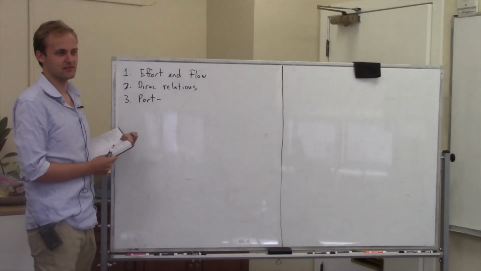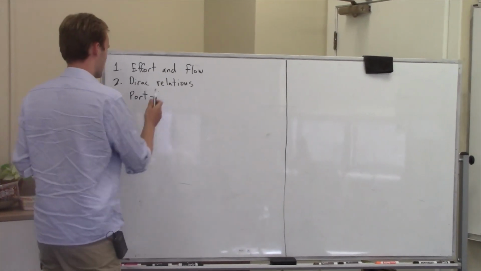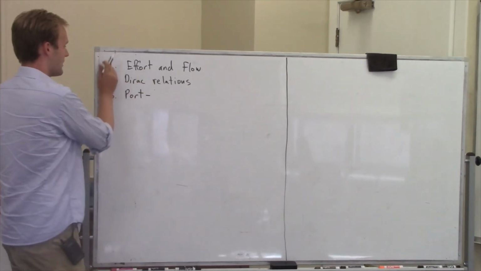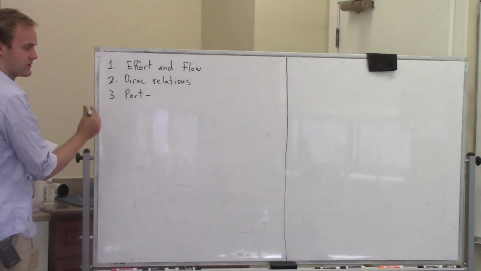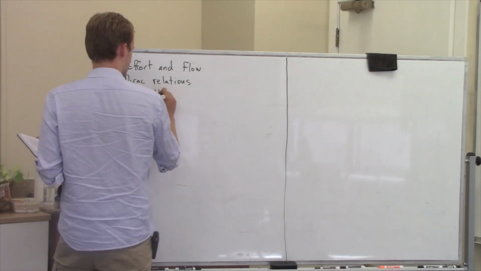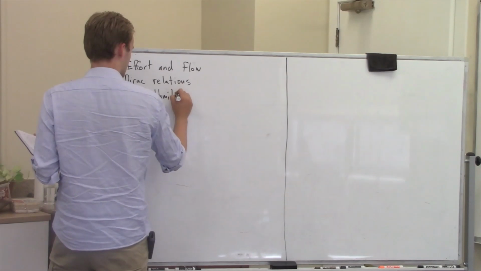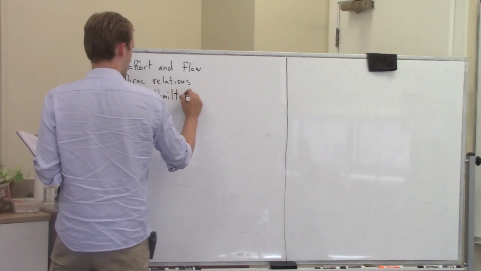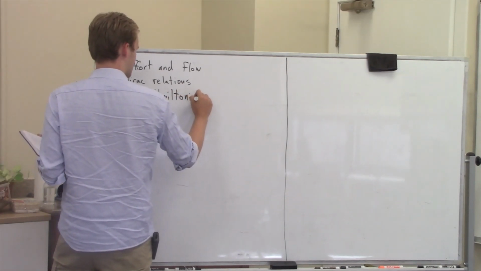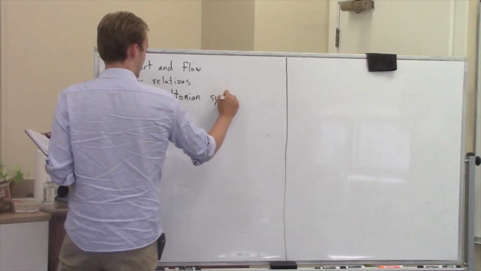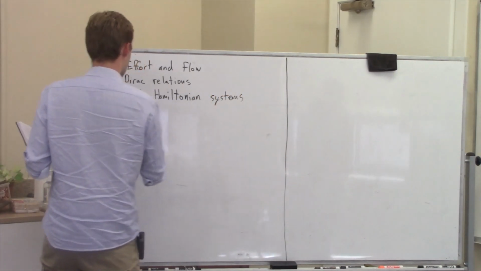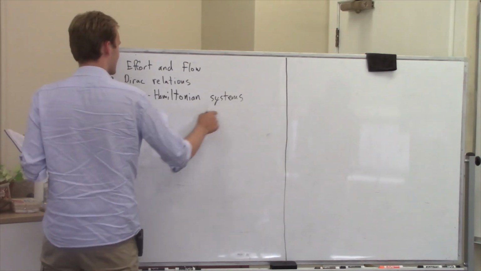I'm going to write this down so I can point to it during the talk. So 3 is Port-Hamiltonian systems. This is sort of the meat of the talk.